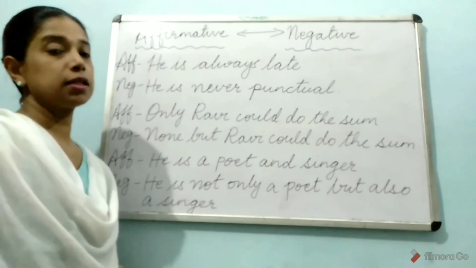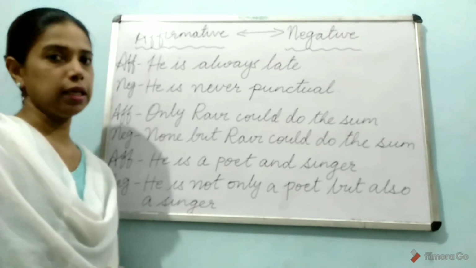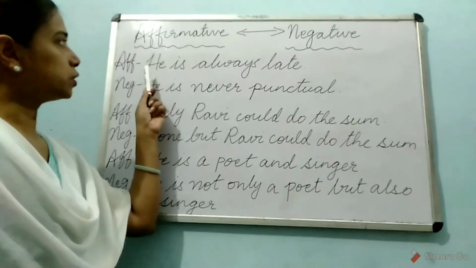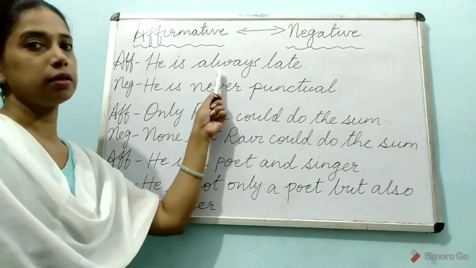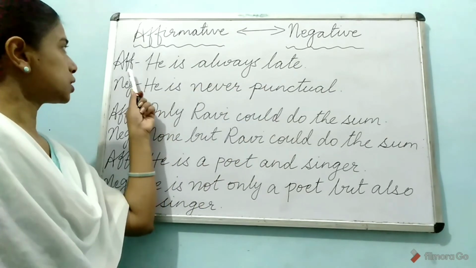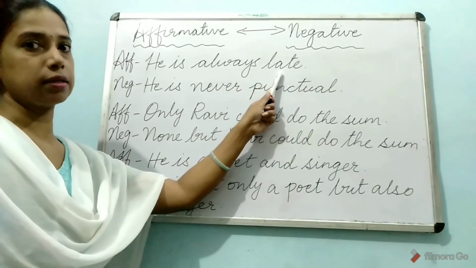Now there are certain other ways also by which we can change affirmative into negative sentences. In the first example, the rule here is by using the opposites of two words. The affirmative sentence is, "He is always late."